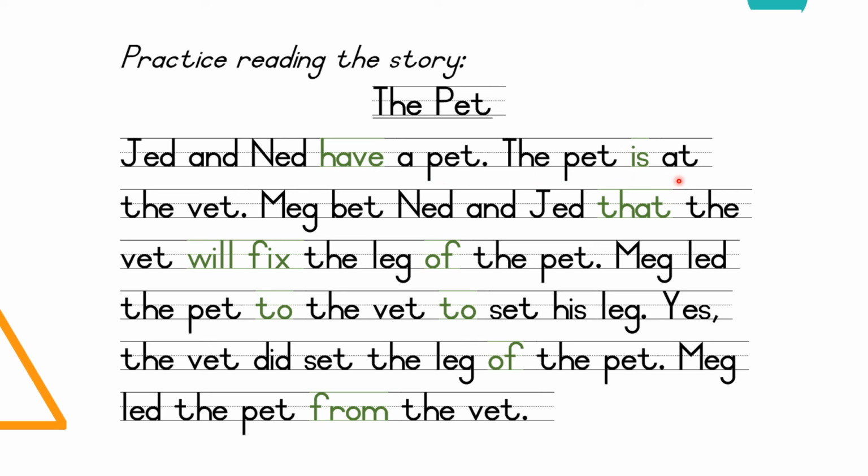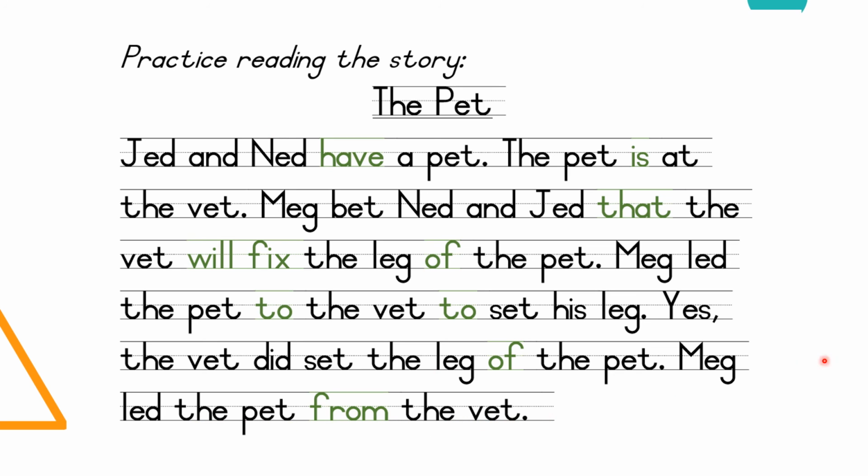The pet is at the vet. Meg bet Ned and Jed that the vet will fix the leg of the pet. Meg led the pet to the vet to set his leg. Yes, the vet did set the leg of the pet. Meg led the pet from the vet.